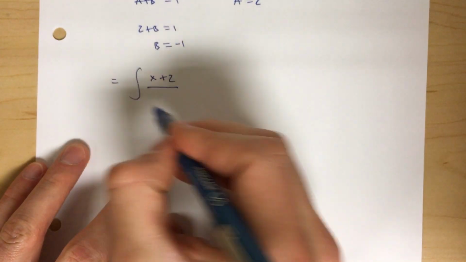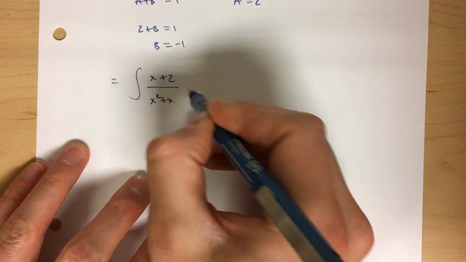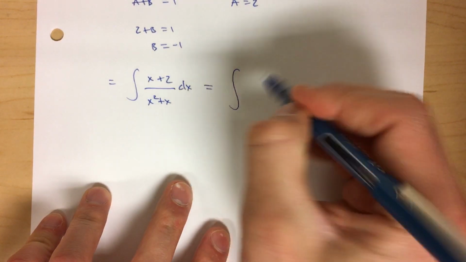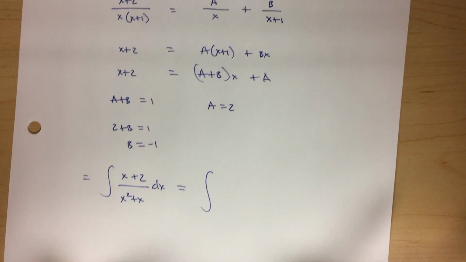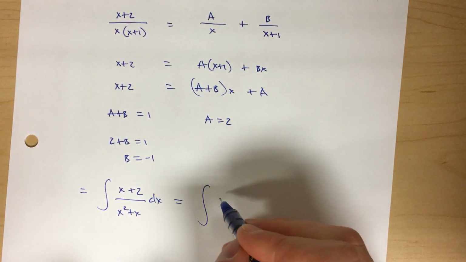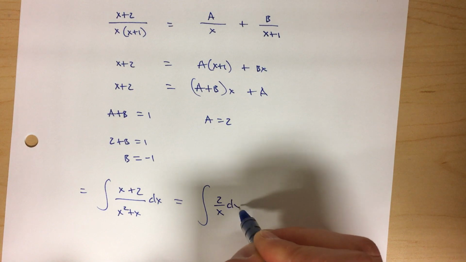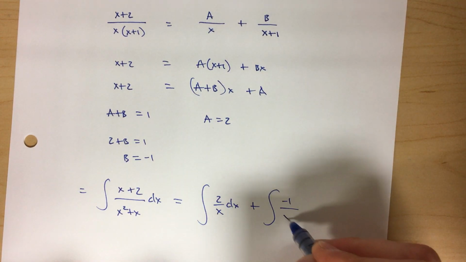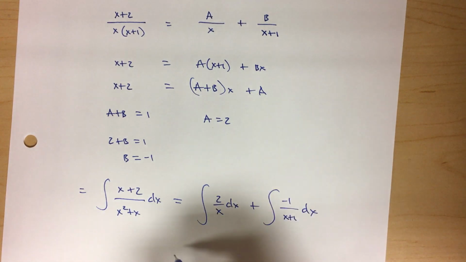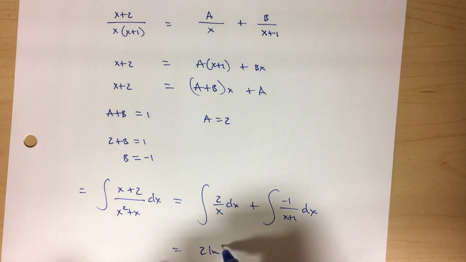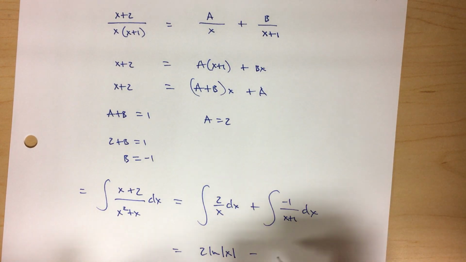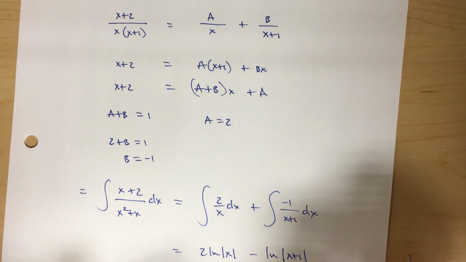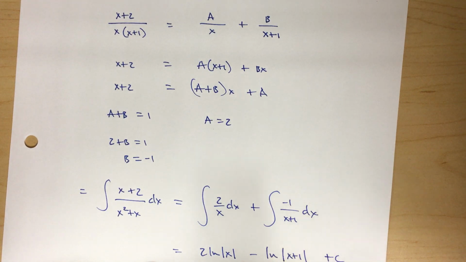So that tells me that the integral of (x plus 2) divided by (x squared plus x) dx is actually equal to the integral of a over x, so that's 2 over x dx, plus the integral of b over x plus 1, negative 1 over x plus 1 dx. And that's simply 2 ln absolute x minus ln absolute x plus 1 plus c.